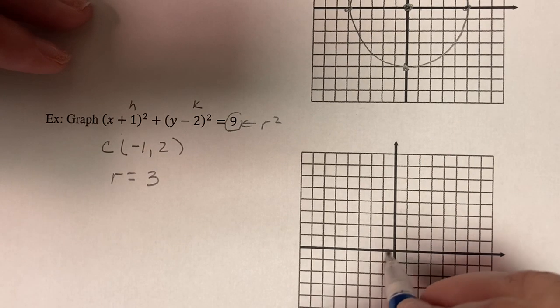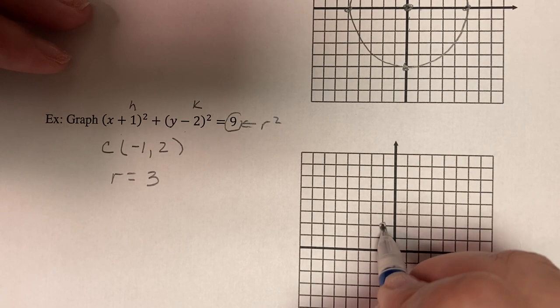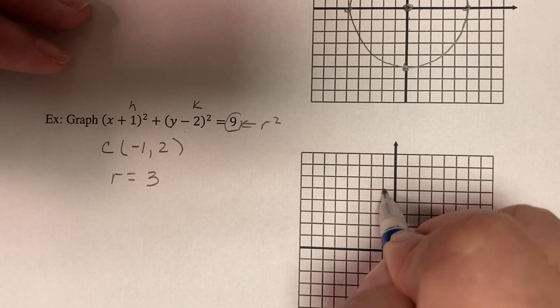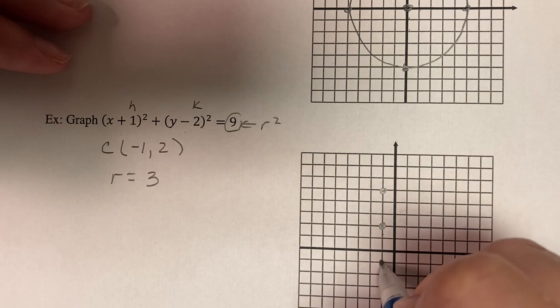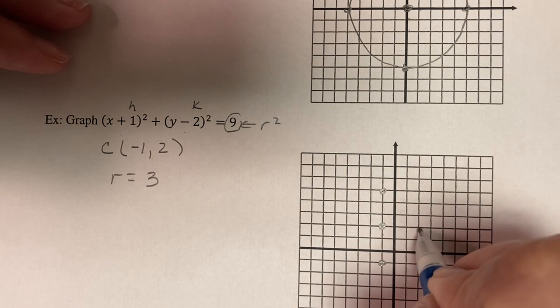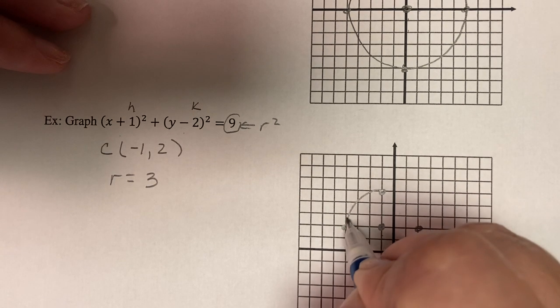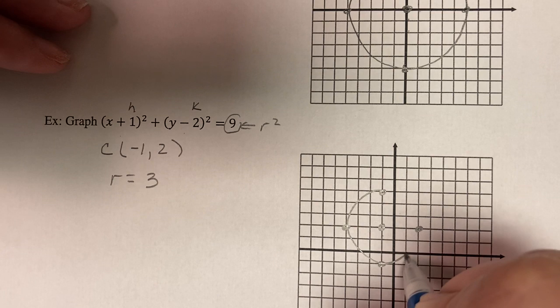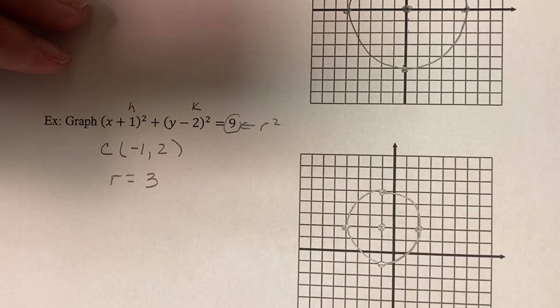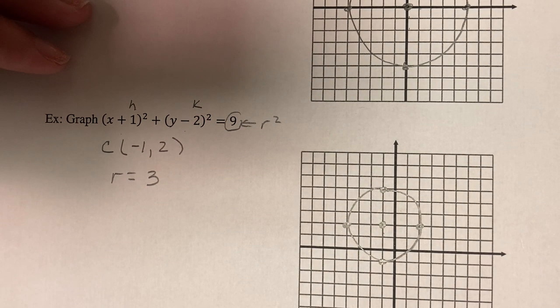So if we go to our center of -1, 2, we go up 3, we go down 3. From the center, we go right 3, and we go left 3. Much easier than graphing a parabola, isn't it? And there you go.